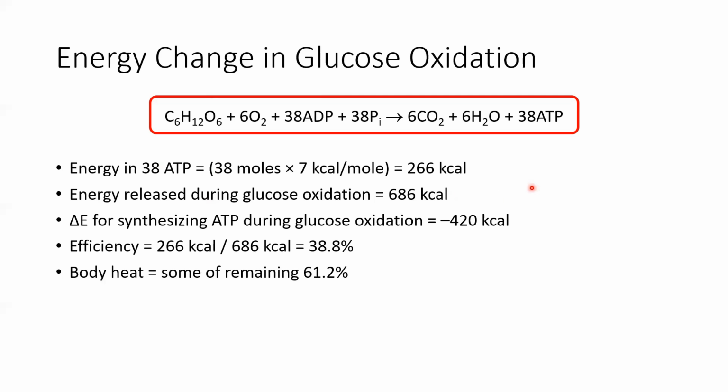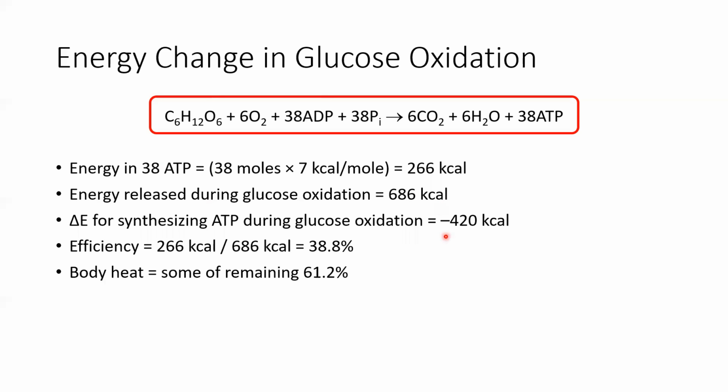All right? So essentially, there's a discrepancy between the amount of energy that we do actually yield and the amount of energy that we should yield in an ideal or perfectly efficient scenario. So the difference between the energy that we make and the energy that we should make is 420 kilocalories.